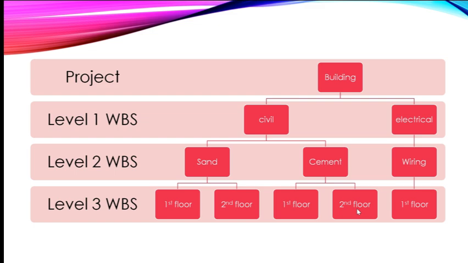And coming to the electrical department, the wiring, not only wiring, we can also have many other things like switchboards, fuses, and so on, but I'm mentioning the very basic components. At level 3 I will distribute how much is consumed for the first floor, how much is consumed for the second floor. So if I'm constructing an apartment, for example, the real estate owner will sell it.